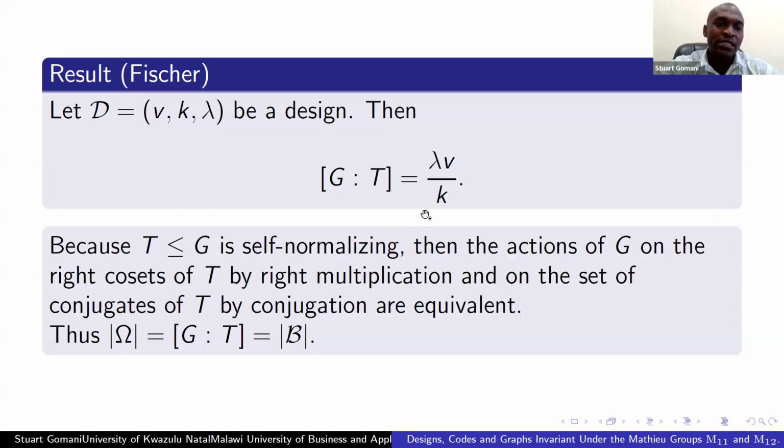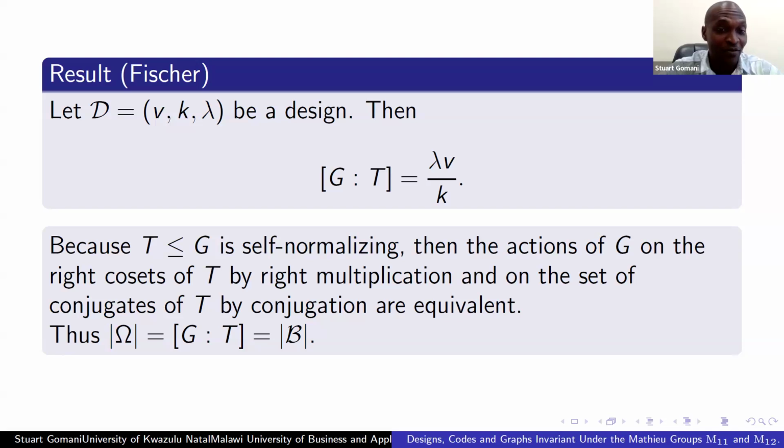Now, because the maximal subgroups are self-normalizing, by that we mean that the normalizer of the maximal subgroup is just the maximal subgroup itself, the action of the group on the right cosets of the maximal subgroup by right multiplication is equivalent to the action of the group on the conjugates of the maximal subgroup by conjugation.